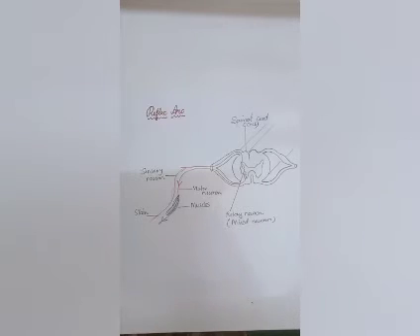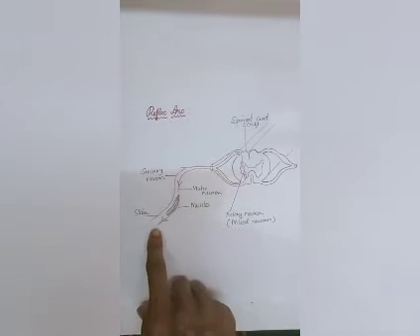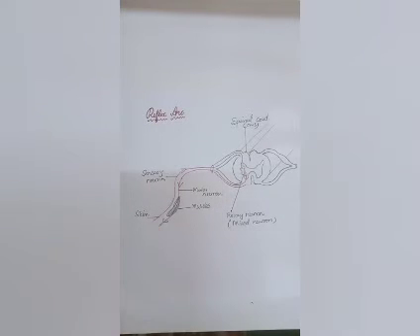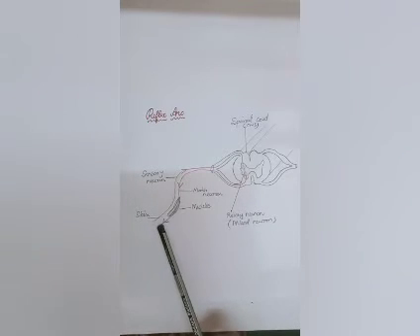Now, think that you are touching a hot object. Here it is the skin. In the skin, the receptors, or the organs which receive stimulus, are found. Receptors are found in the skin. They receive the stimulus.